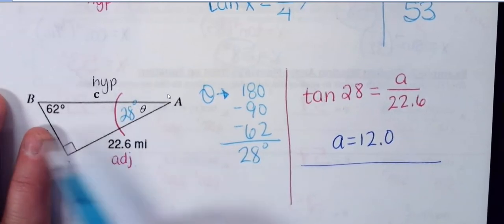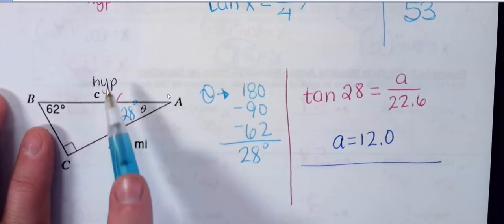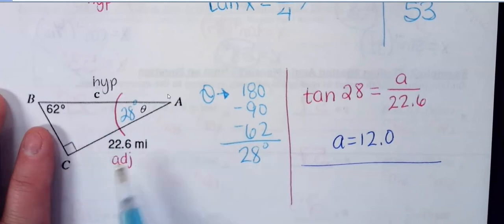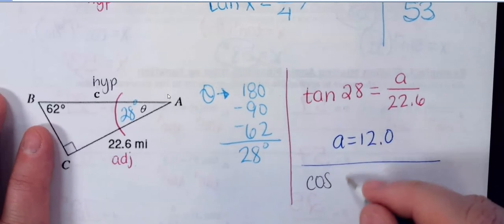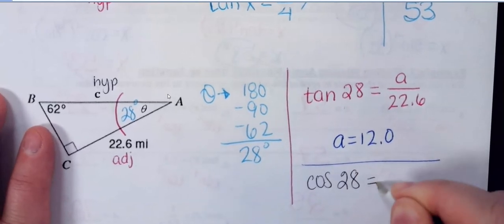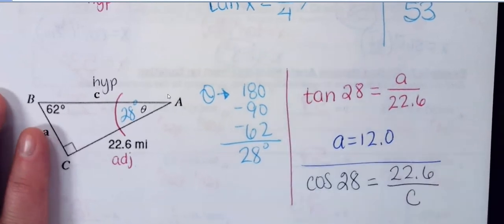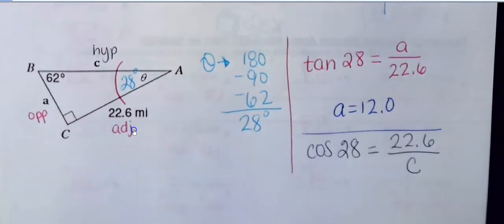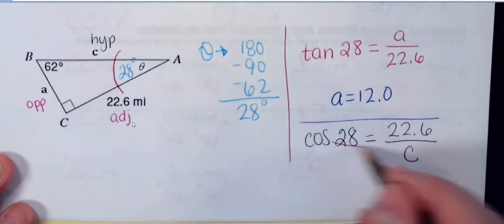If I continue to focus on this 28 though, and I want to find C, I've got adjacent that I know, and hypotenuse, so that's going to tell me cosine. So the cosine of 28 equals adjacent, which is 22.6, over the hypotenuse, which is C, that's what I'm trying to figure out there. If the variable's in the denominator, we're going to divide.